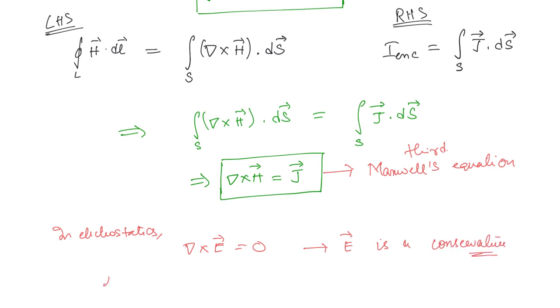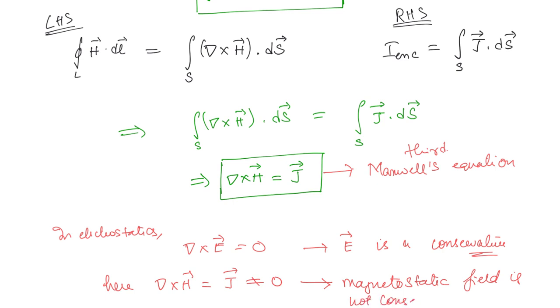But here del cross H bar is equal to J bar, it's not equal to 0. Okay. So this means that the magnetostatic field is not conservative. Okay. So this point is important. The electrostatic field is conservative, but the magnetostatic field is not conservative.